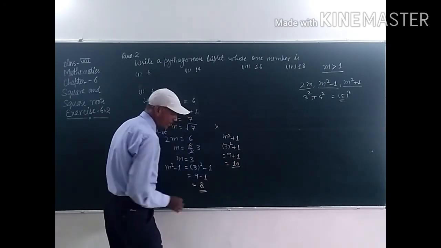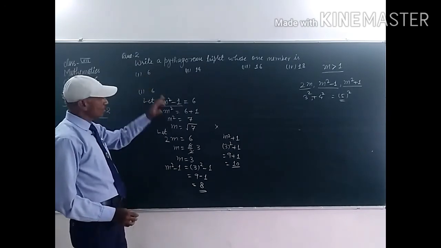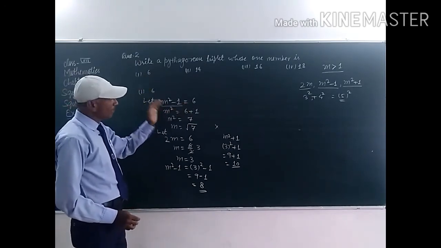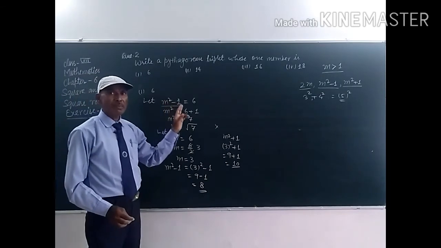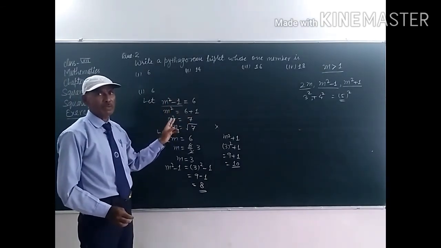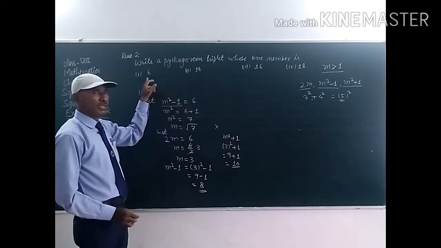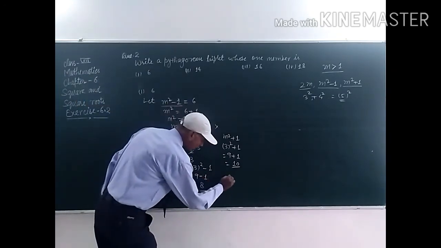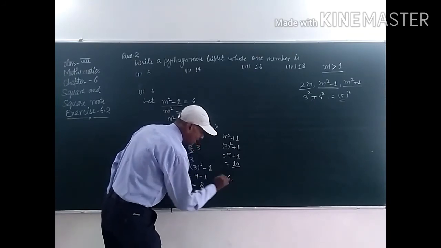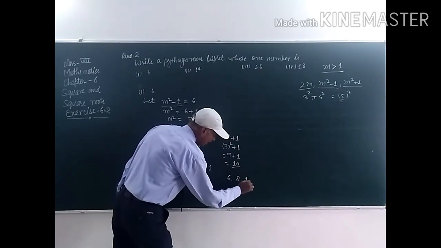So for the Pythagorean triplet, student, we have 2m equal to 6. Remember, student, m is not a member of the Pythagorean triplet, 2m is a member of the Pythagorean triplet. So we have to write the value of 2m here. Clear, student? So the Pythagorean triplet is 6, 8 and 10.